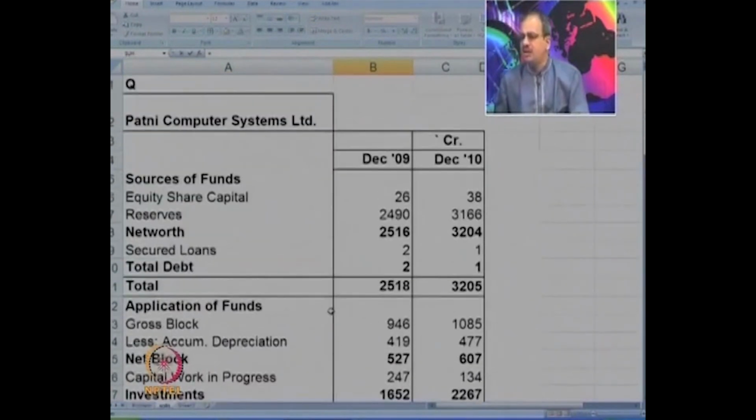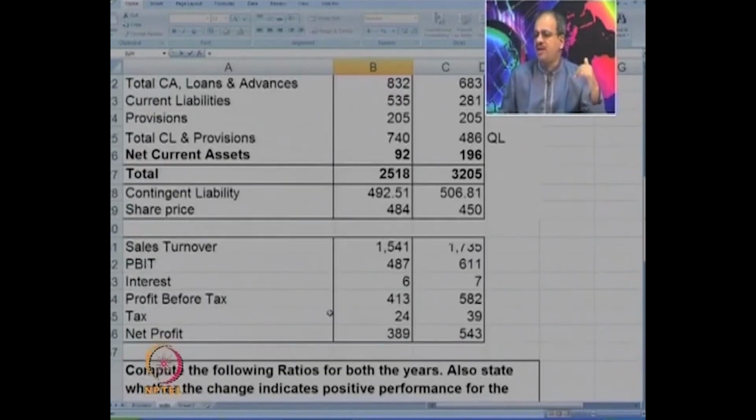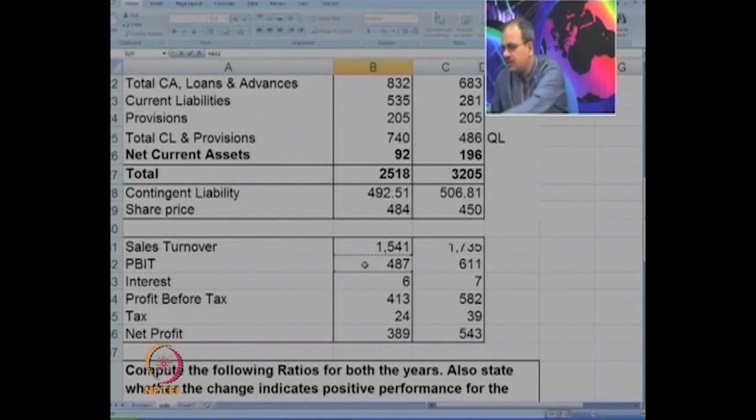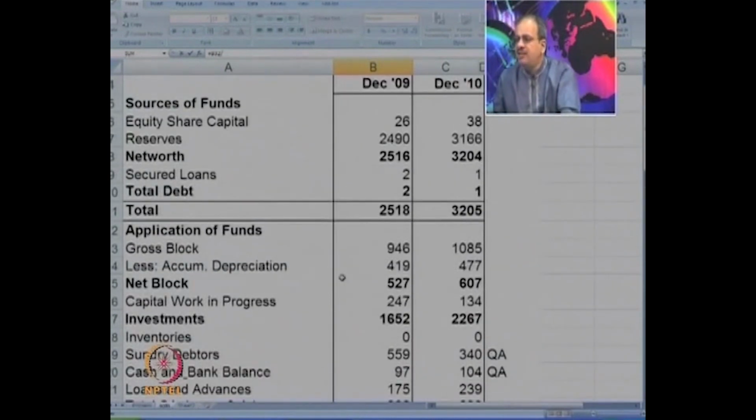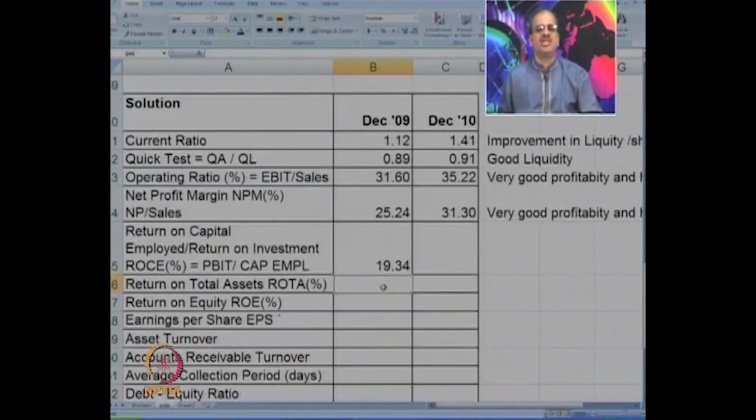So, look at the liabilities for capital employed and look at profitability for the profits. We will pick up PBIT and divide it by the total sources of funds, that is net worth plus debt, and multiply by 100 because we want it in percentage terms.